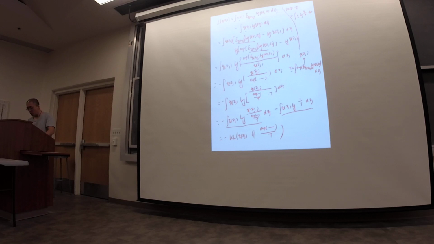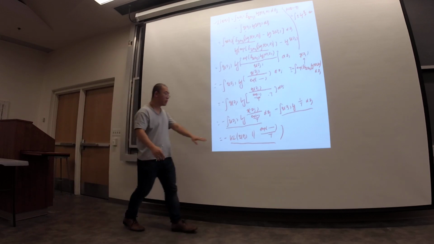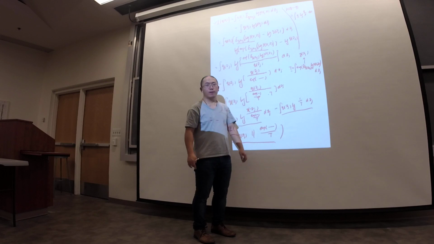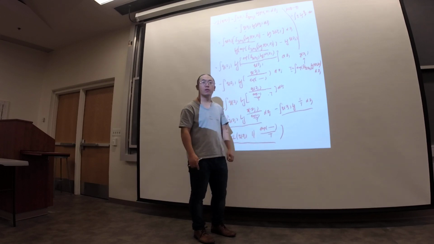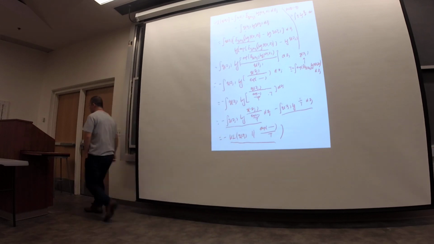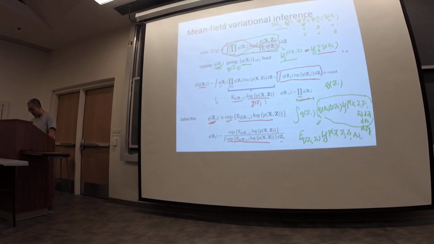When we want to maximize this lower bound, it is equivalent to minimizing this KL divergence. KL divergence will achieve 0 when Q of ZG is exactly equal to the normalized distribution. So this normalized distribution is essentially this.